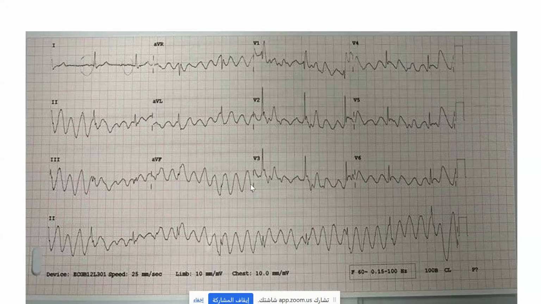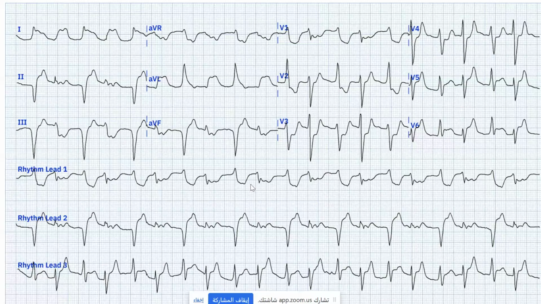Okay, this is a bit difficult. This is one of our patients, and I will give you a hint. This is a 50-year-old male with dilated cardiomyopathy, on optimal medical therapy for heart failure.